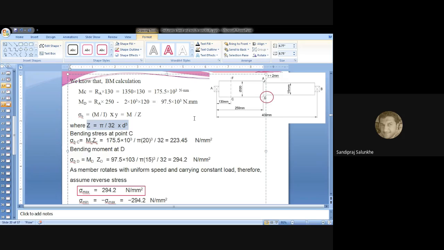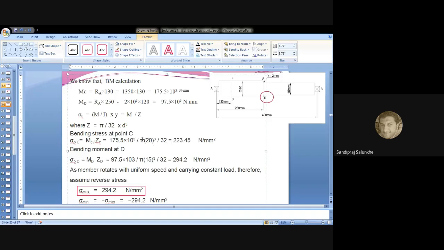Now bending stress, while we are going to calculate at point C where the force is acting, it will be bending moment divided by section modulus, that is M suffix C divided by Z suffix C, that is the moment at point C divided by the section modulus at point C. So it will be 175.5 into 10 raised to 3, which is the bending moment at point C, divided by its section modulus, that is pi by 32, d cube, d is 20 in this case, so 20 cube.